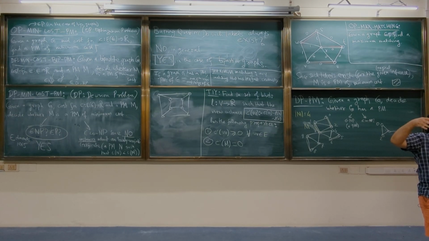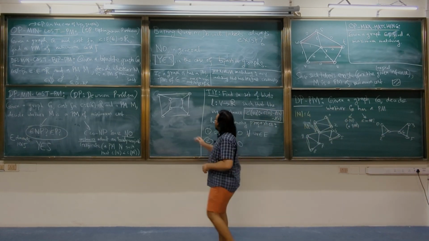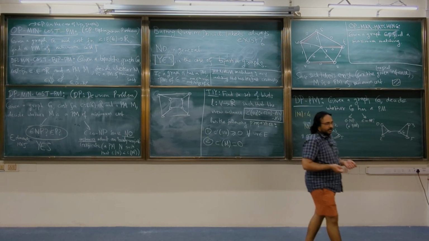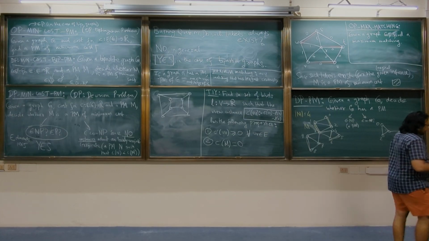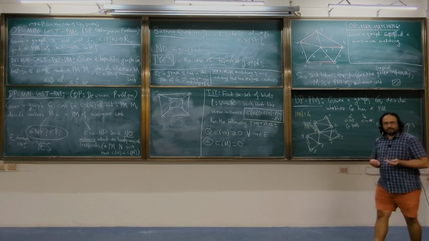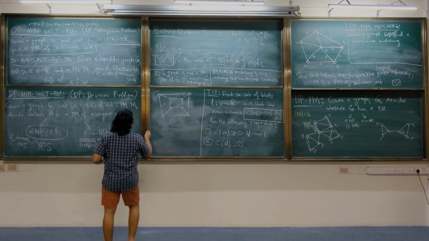Is that correct? So can you color, if I may, the vertices of this graph using two colors, pink and blue, so that every edge goes from a pink vertex to a blue vertex? Do you see a way to do it? Yeah, just start at some vertex.